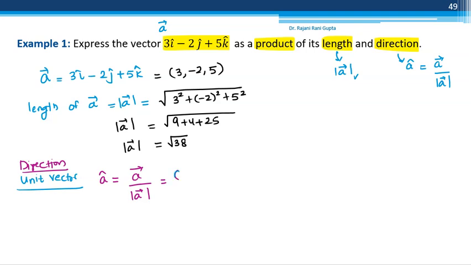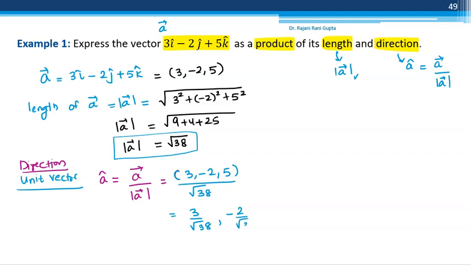Yes, it's (3, -2, 5) over root of 38, the magnitude. You can write it as 3 over root 38, minus 2 over root 38, 5 over root 38.